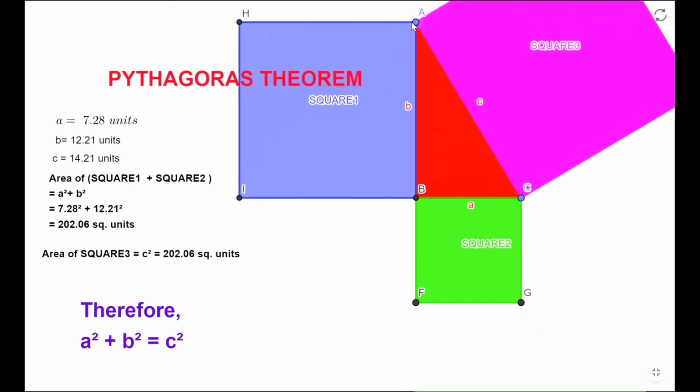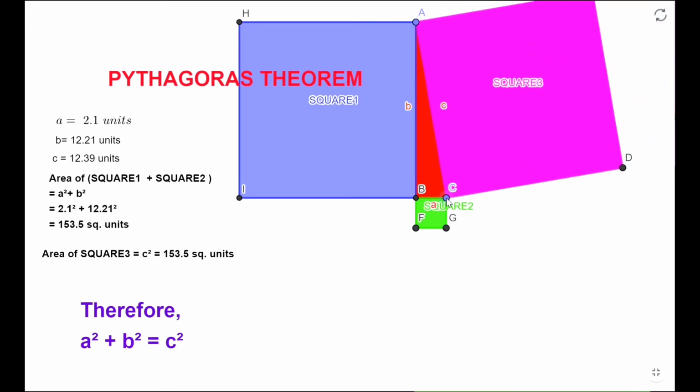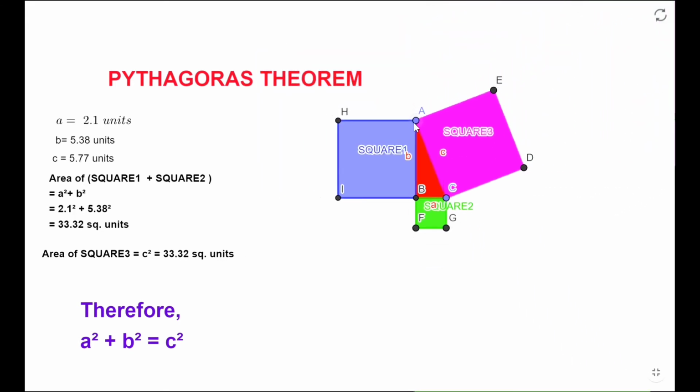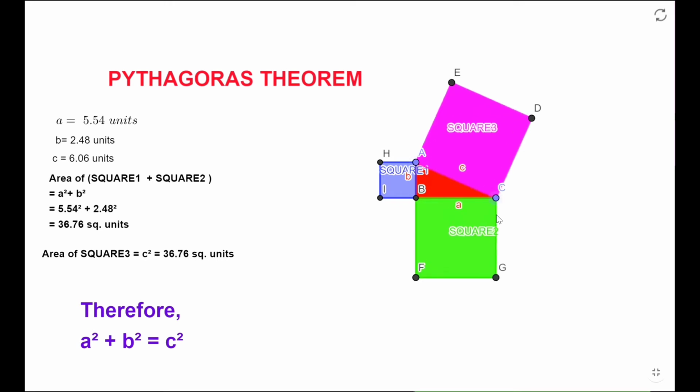Any of the sides, if I increase, make the triangle very tiny, in any case, the area of the two squares, when added up, we get the area of the largest square, which is the square made out of the hypotenuse. Thus, the Pythagoras theorem is proved.